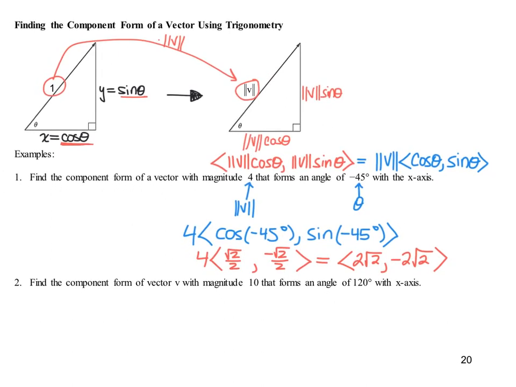Because again, it was the joke before, but I am not asking you to come in with protractors and compasses. Okay? So if I told you that you had a magnitude of 4 and an angle of negative 45 degrees, and you had to come up with a component form, you're either doing one of two things.